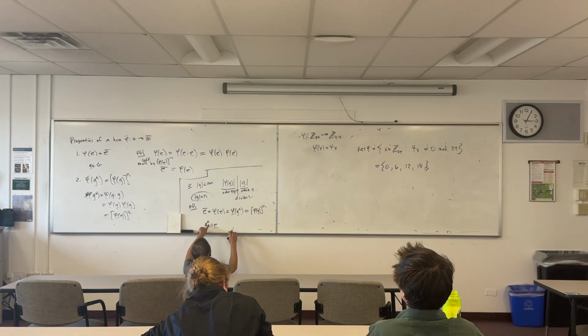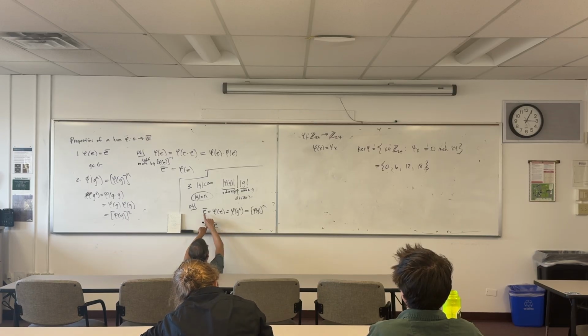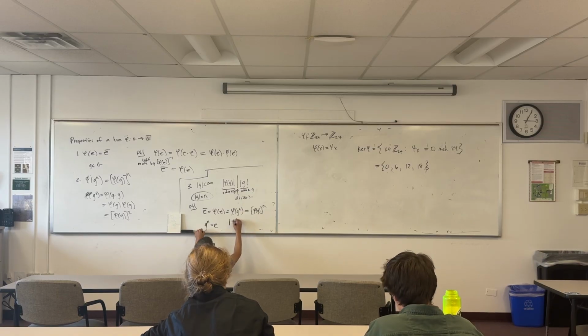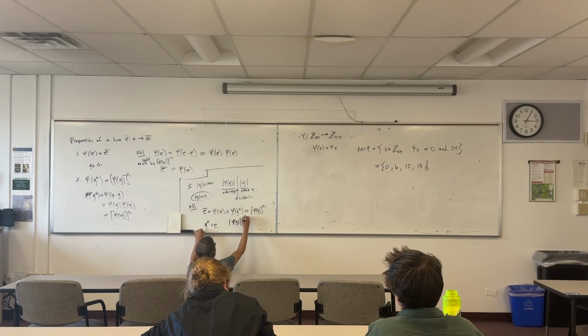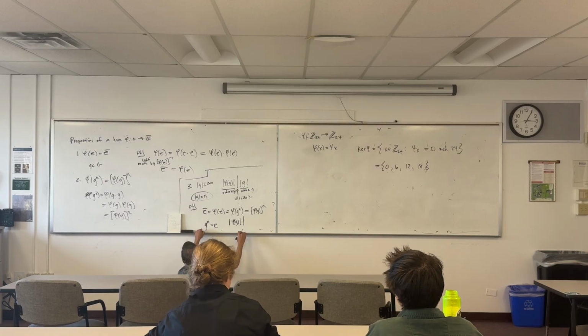Let's see, so yeah, the order of the group divides this exponent here. Since I have something raised to the nth power giving me the identity, that means that the order of that thing divides n.